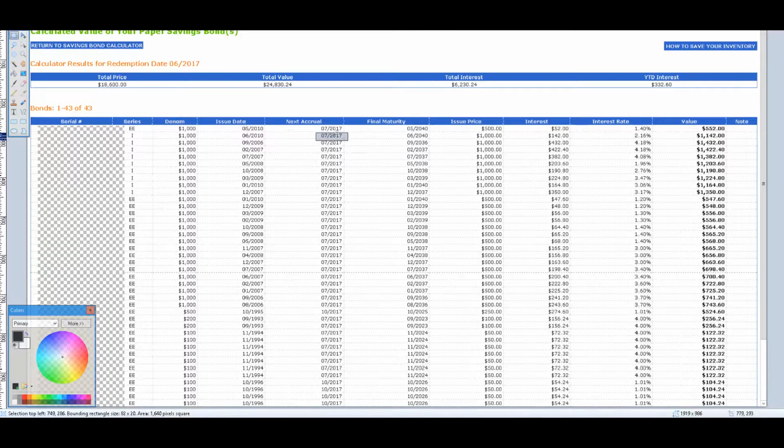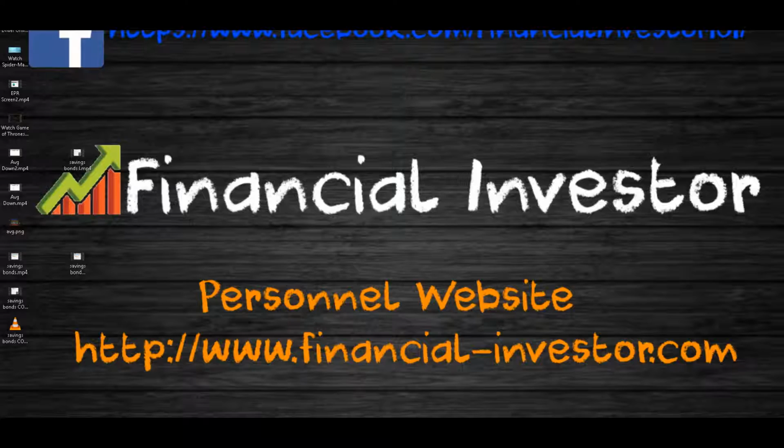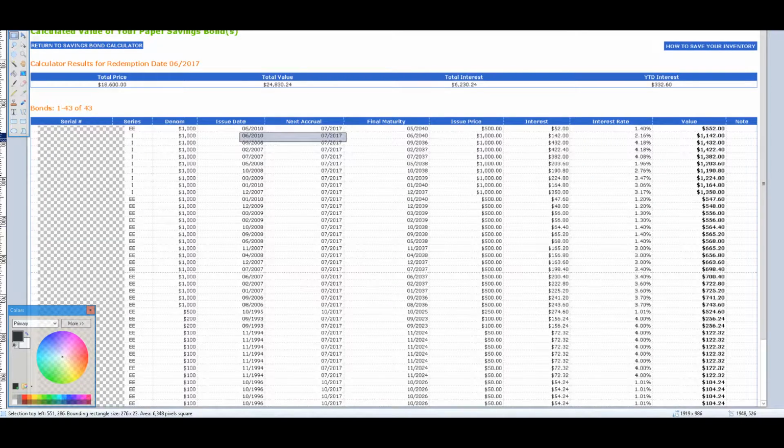So we're looking for 2017. It was purchased in 2010. So 7 years. We can go here to the 7th year, and it should be worth $559.04 by the end of the year. The semi-annual amount, so 555 and 559. So it should be right now 555 to 559. So I go over here. Whoops, where is it?